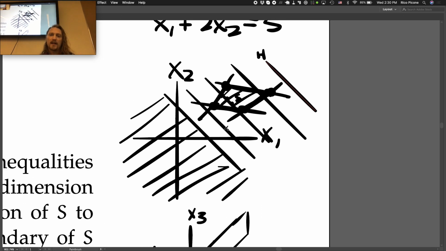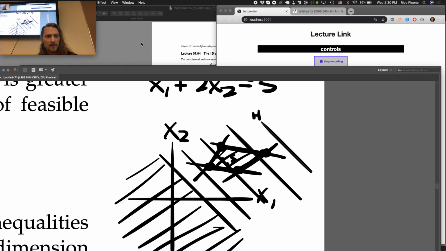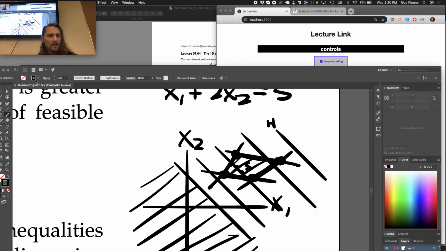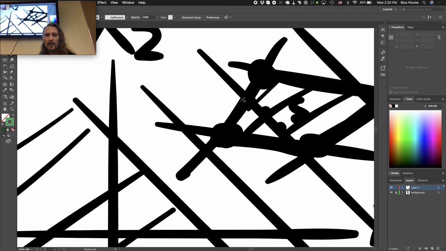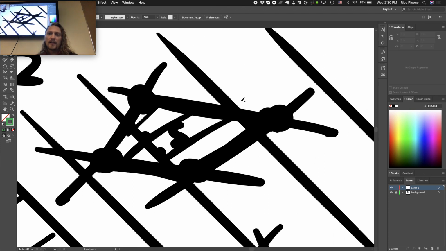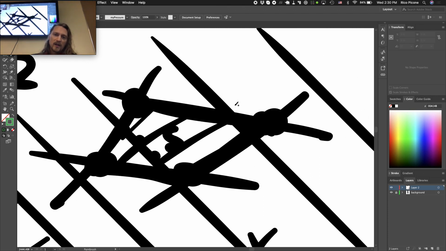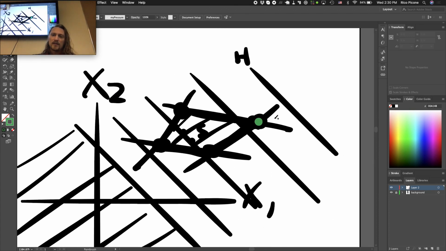We'll put the intersection in green. That intersection can be just at a vertex.